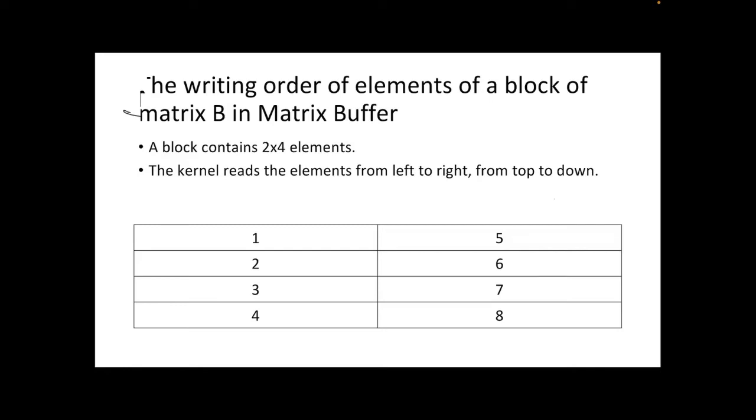As you know, the previous one is from left to right and then from top to down. So A is in this way, but B is this way and this way. So we transpose it. We make the order the opposite of matrix A, so we can align the order of matrix A and B.